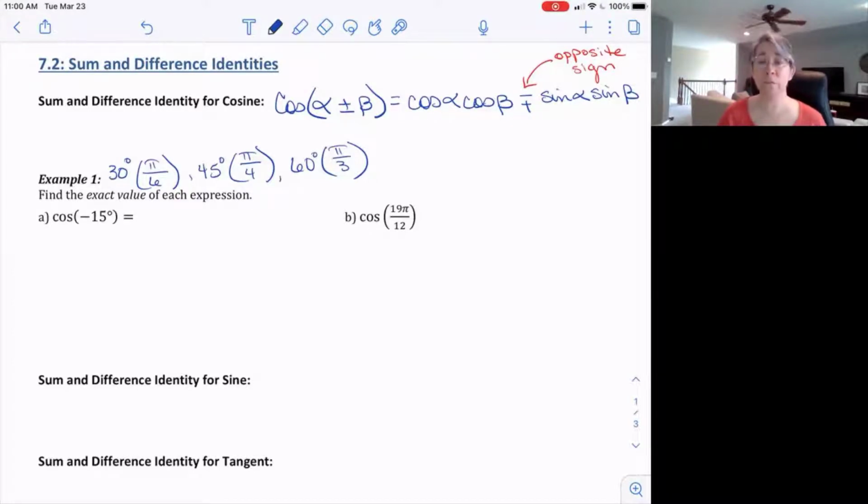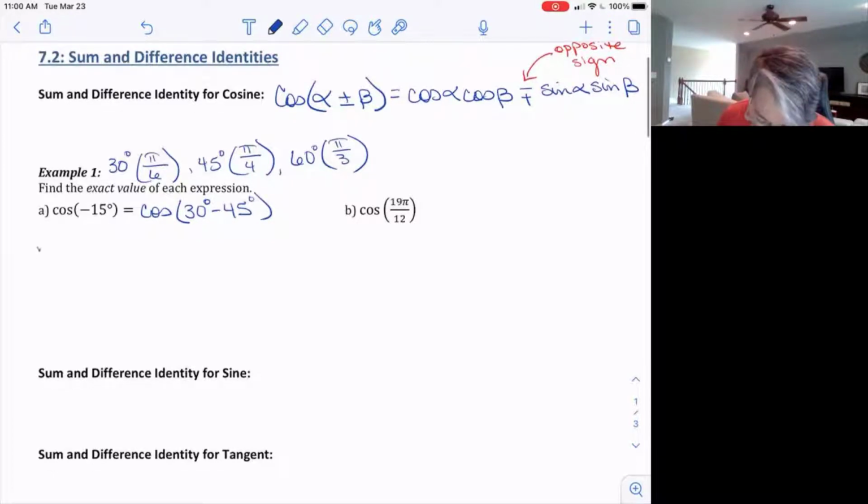Cosine of negative 15 degrees, we can write as the cosine of 30 degrees minus 45 degrees, two angles that we're familiar with, and then plug it into our formula. So that would be the cosine of 30 degrees times the cosine of 45 degrees plus, remember we changed the sign, the sine of 30 degrees times the sine of 45 degrees.